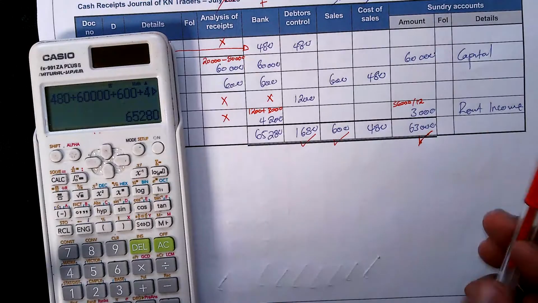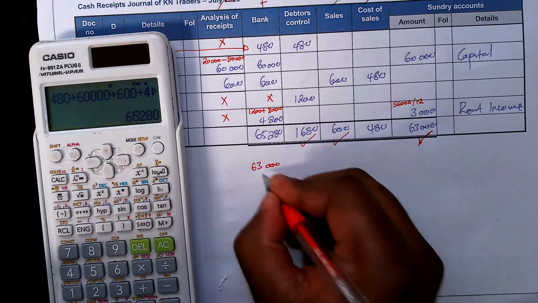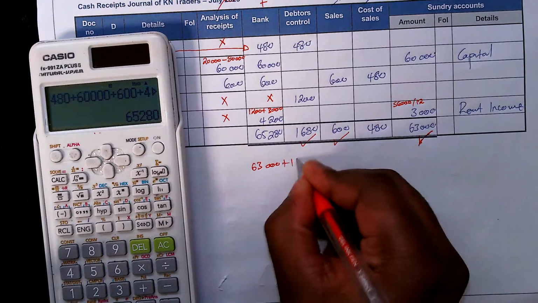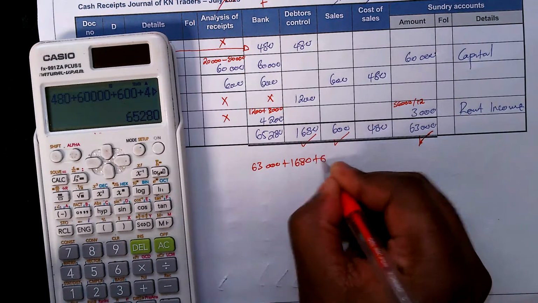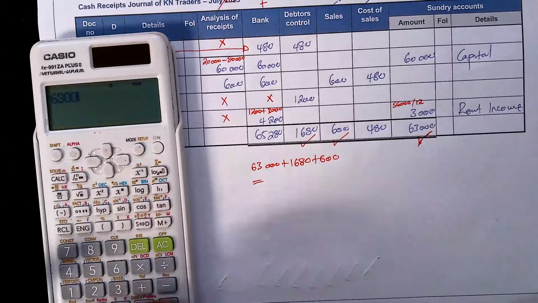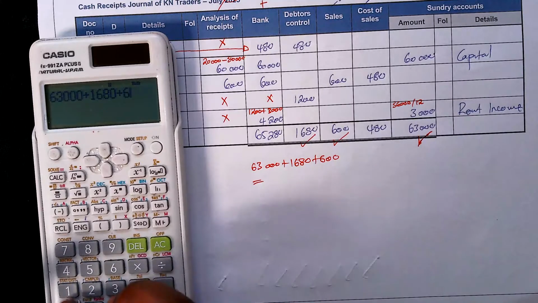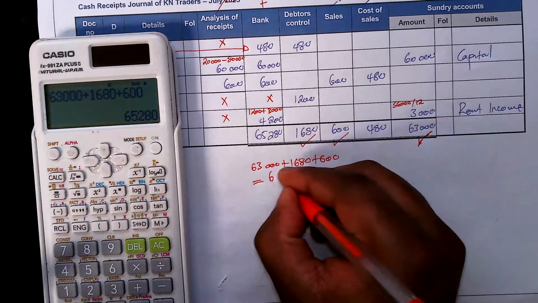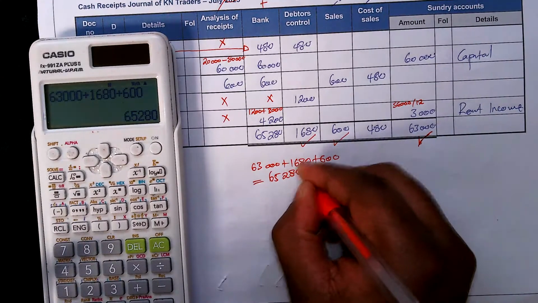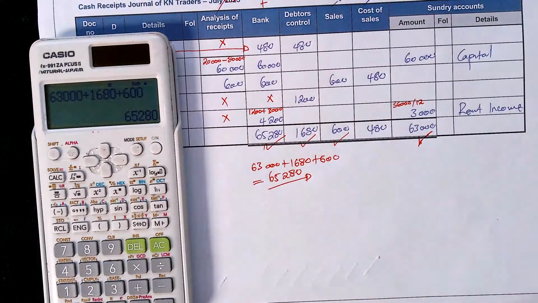Just to check, when you add 63,000 plus 1,680 plus 600, it should give you the total amount for the bank, which is 65,280. So this is correct. That's how you check.